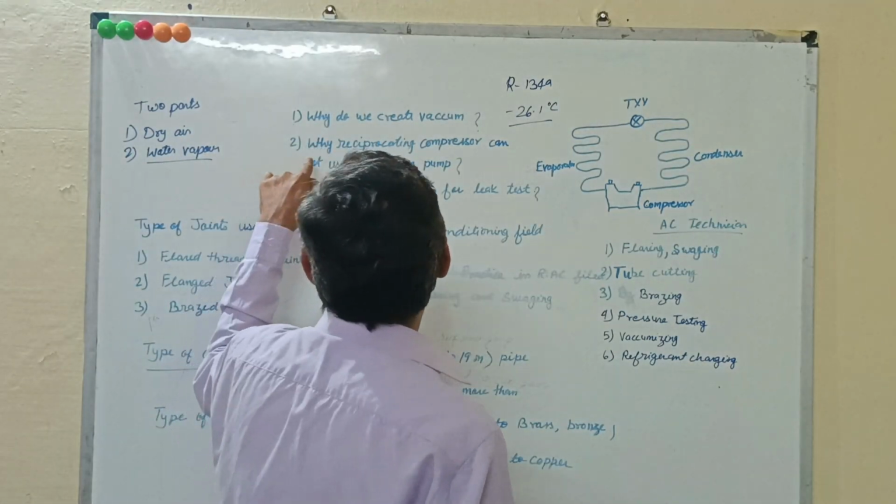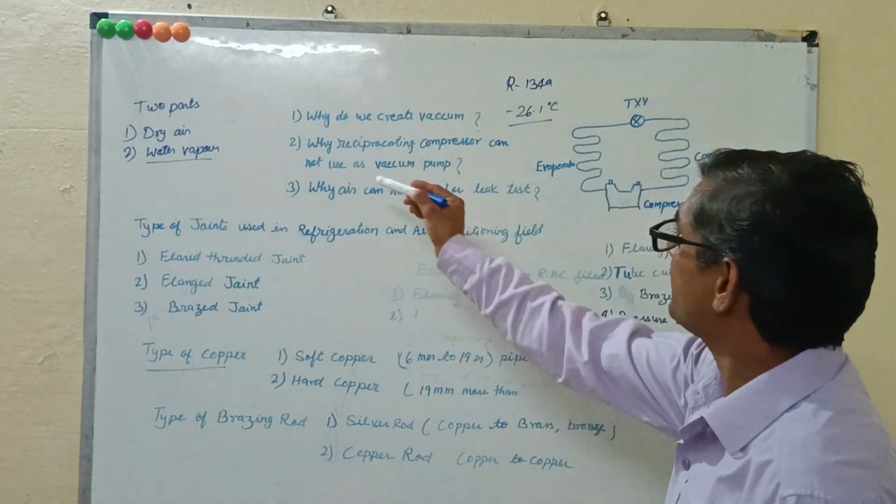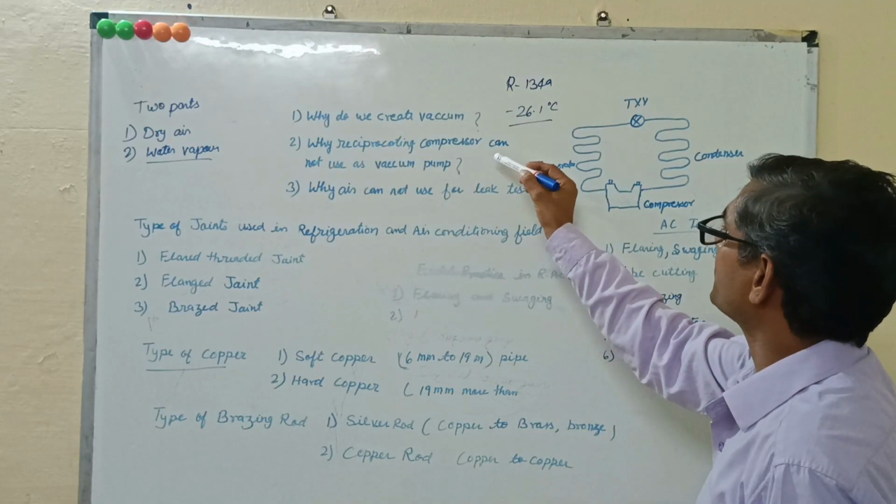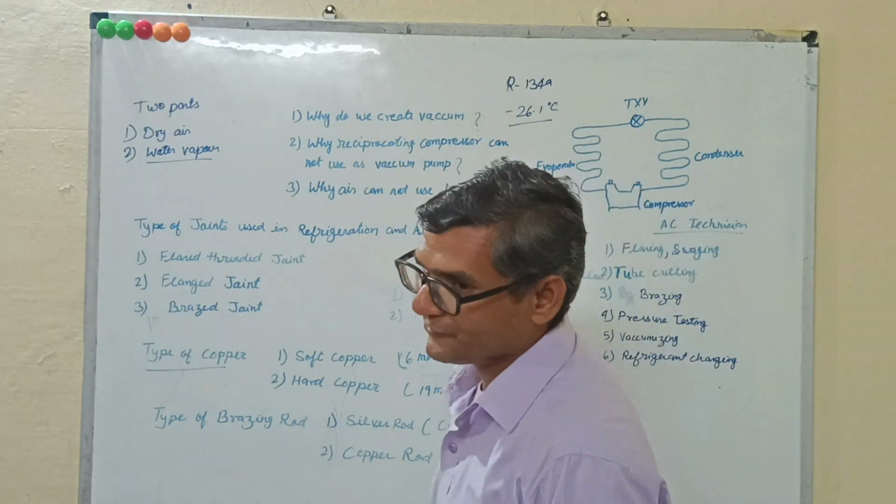Understand? Now the second question: why can a reciprocating compressor not be used as a vacuum pump?